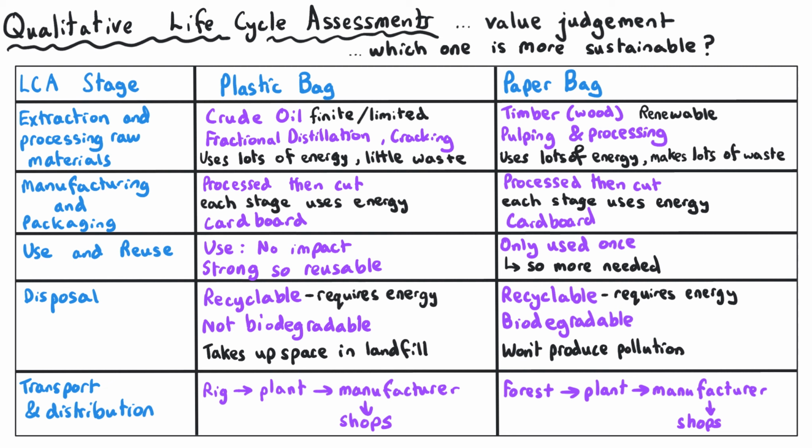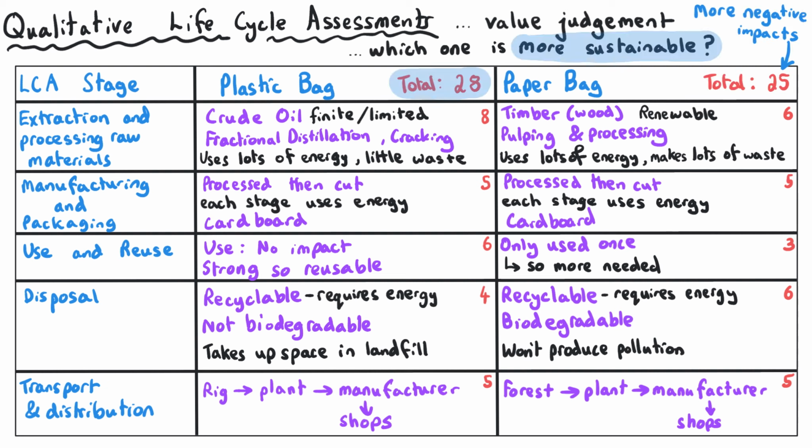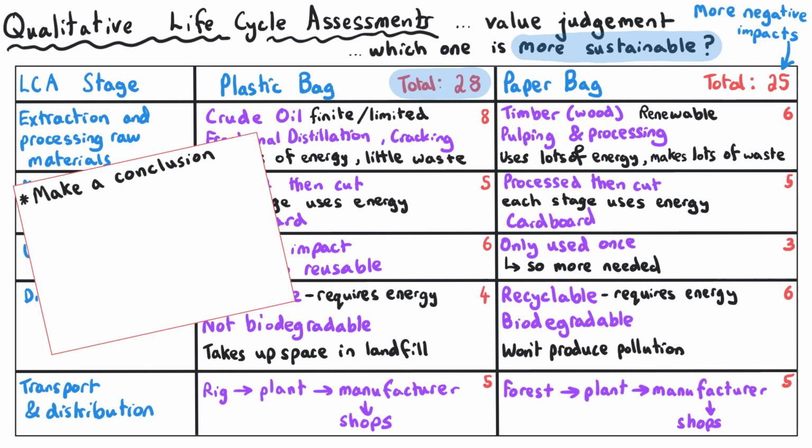We just need to assign scores, as you can see that I've done here. And a smaller score means more of a negative impact on the environment, and therefore, if I was asked to consider these facts in a GCSE situation, I would be able to conclude that this is the one that I have decided is the worst for the environment overall.